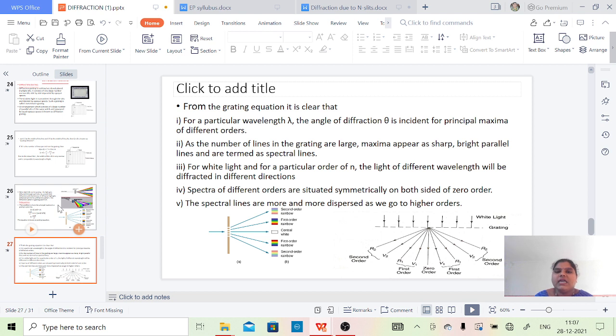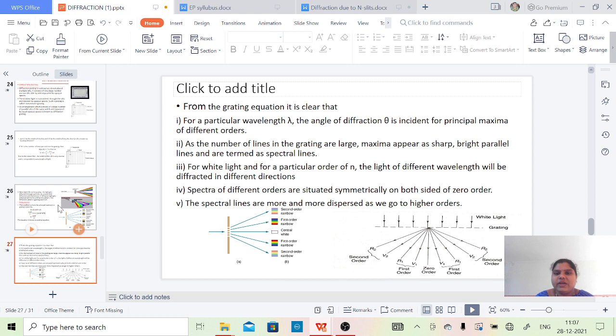From the grating equation, what points do we gain? For a particular wavelength lambda, the angle of diffraction theta is different for principal maxima of different orders.